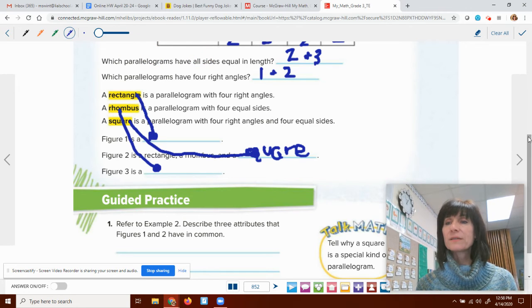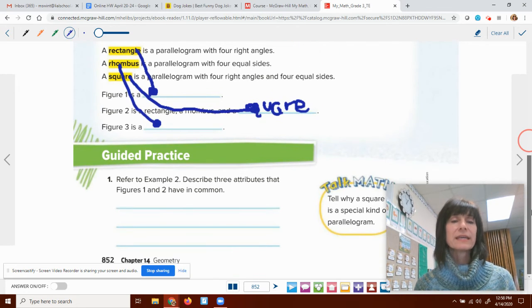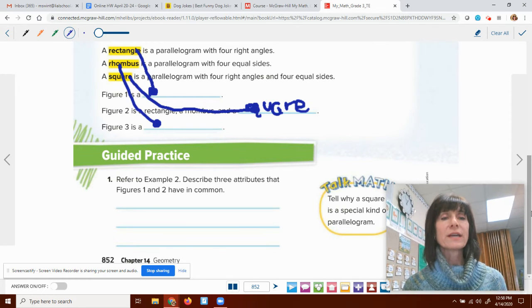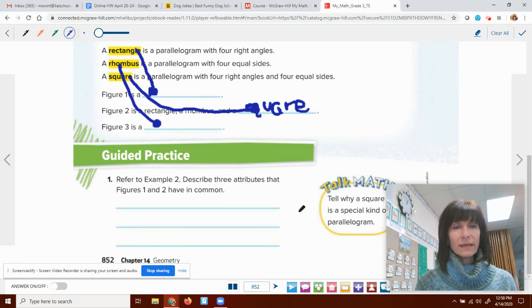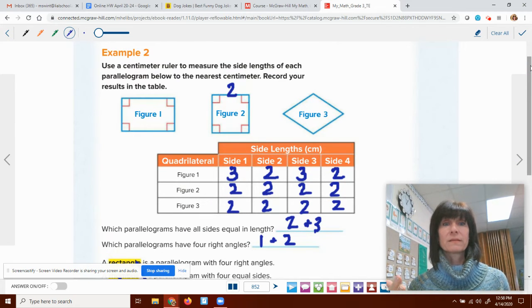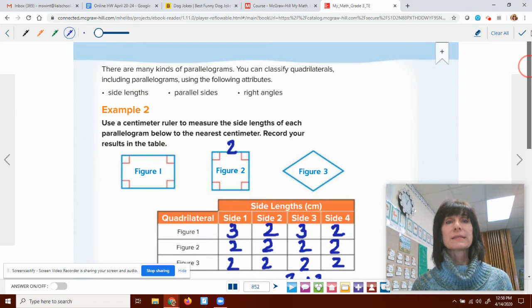All right, under guided practice, it says refer to example 2 and describe the 3 attributes that figures 1 and 2 have in common. Well, if I had to give you 3 attributes, my first attribute looking at figures 1 and 2 would be that they both have, well, let's think about this, side lengths.